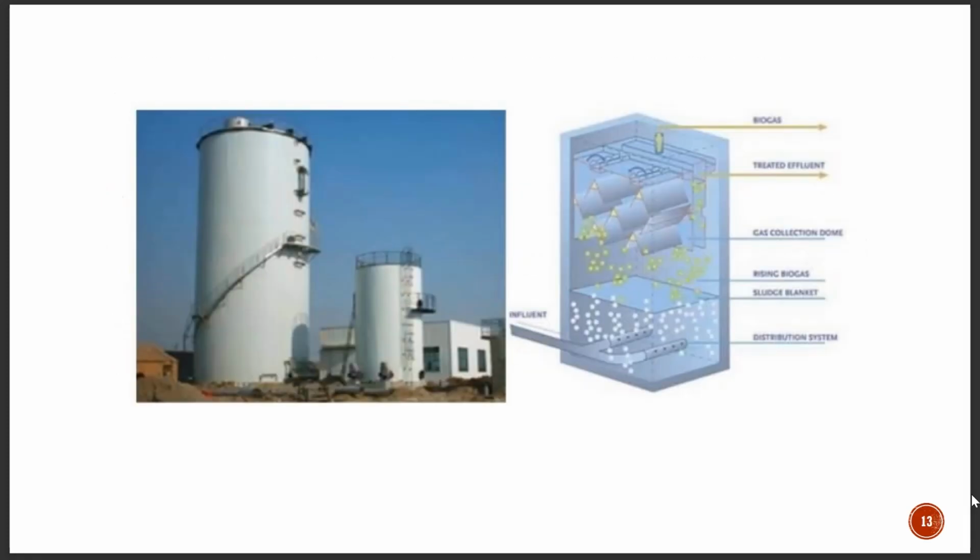So this figure shows a model of UASB reactors. At the bottom, there will be an inlet zone. Then there is a sludge blanket zone.